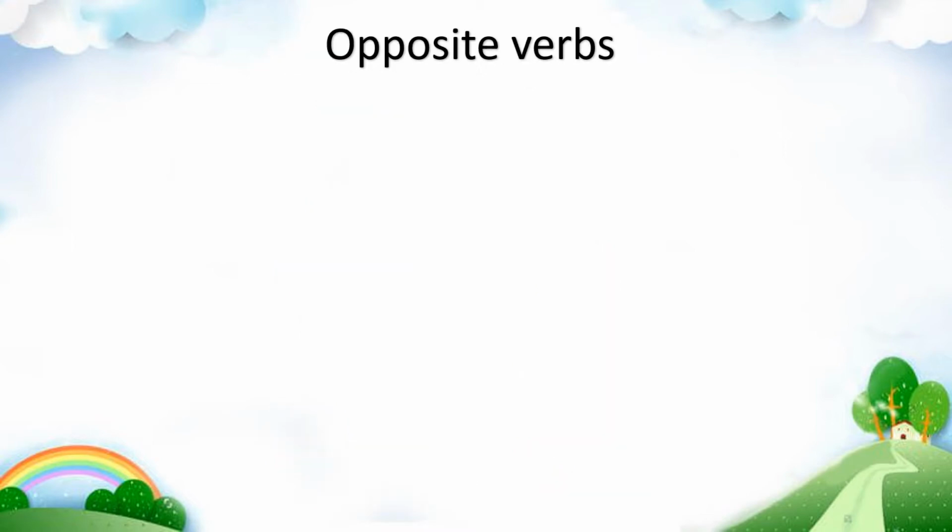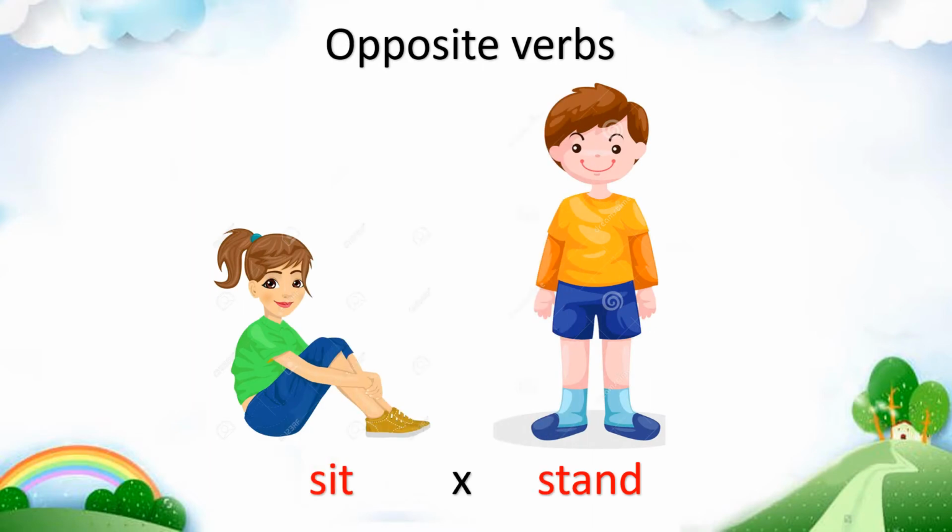Let's see what are the opposite verbs. Verbs are known as action words, doing words. So here, what do you see in this picture? A boy and a girl. What is the boy doing? He is standing. What is the girl doing? Sitting.